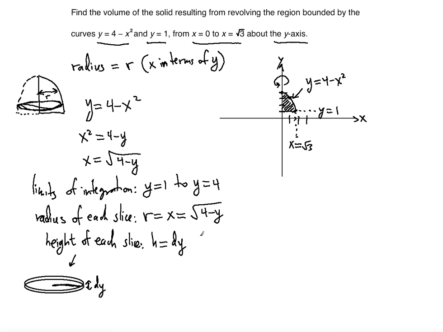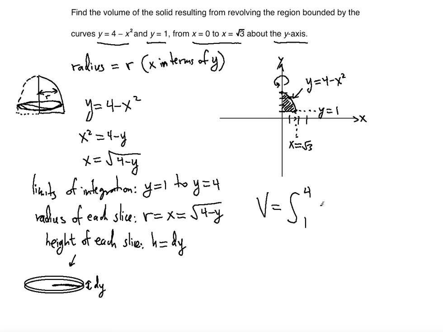So now we're ready to implement this formula, and we're going to integrate from 1 to 4 for the y. The volume of this solid of revolution will be from 1 to 4, integrating over the y, so the limits of integration are the y limits of integration.